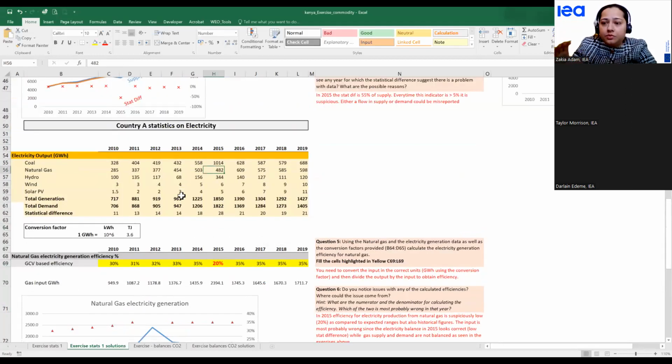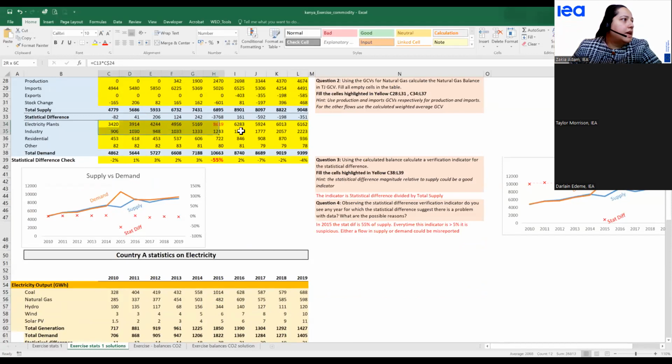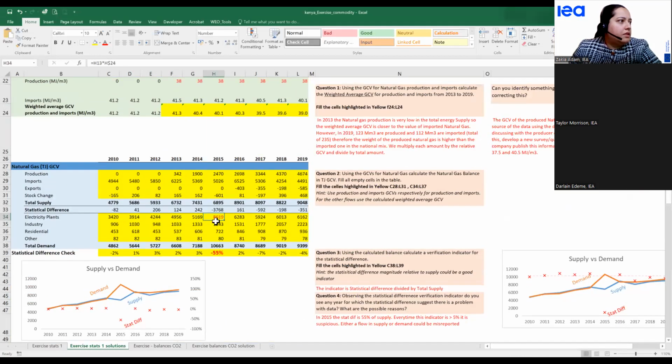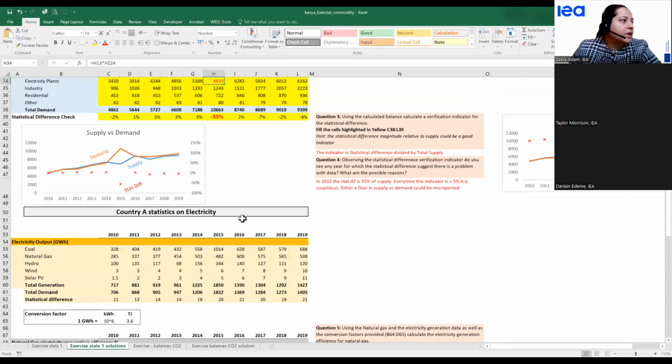It can be the output that is wrongly reported or the input. So if we look now at the output, we can see that it's okay. For 2015, I don't see anything suspicious. The trend looks fine. But if you go up and you look at your inputs, you see that in 2015, it increases quite a lot compared to 2014 and then decreases again in 2016.